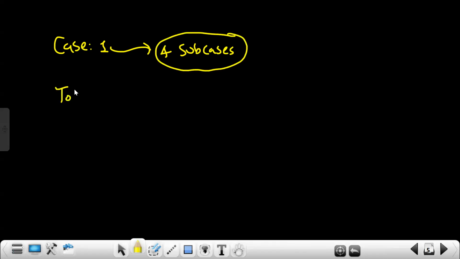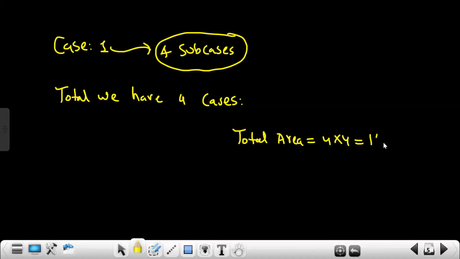So total we have 4 cases. So the total area would be 4 into 4, 16 square units. So the answer for this question is going to be 16.